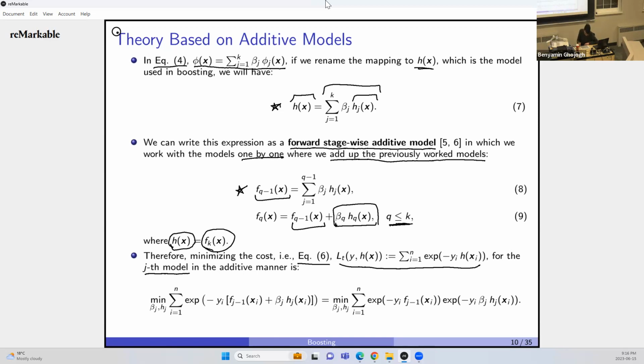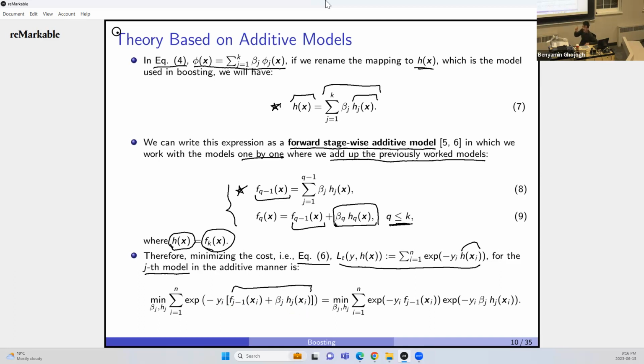In this way. Rather than h of x_i, I'm putting this. Where did I get this? From this forward stage-wise additive model. H of x_i, I have put it f_{j-1}(x_i) plus beta_j h_j(x_i).